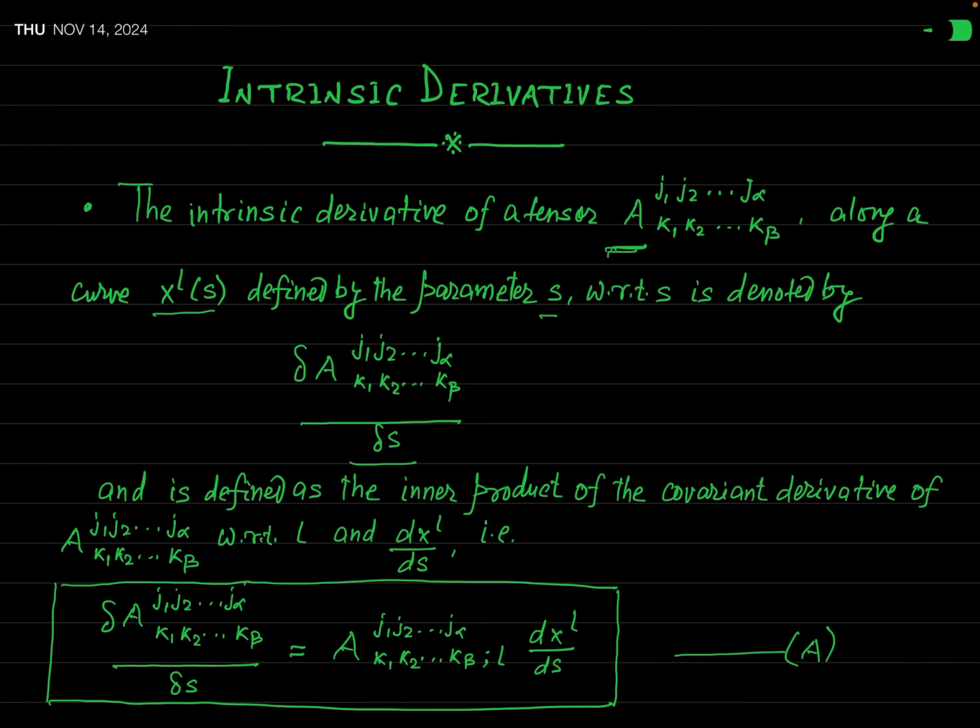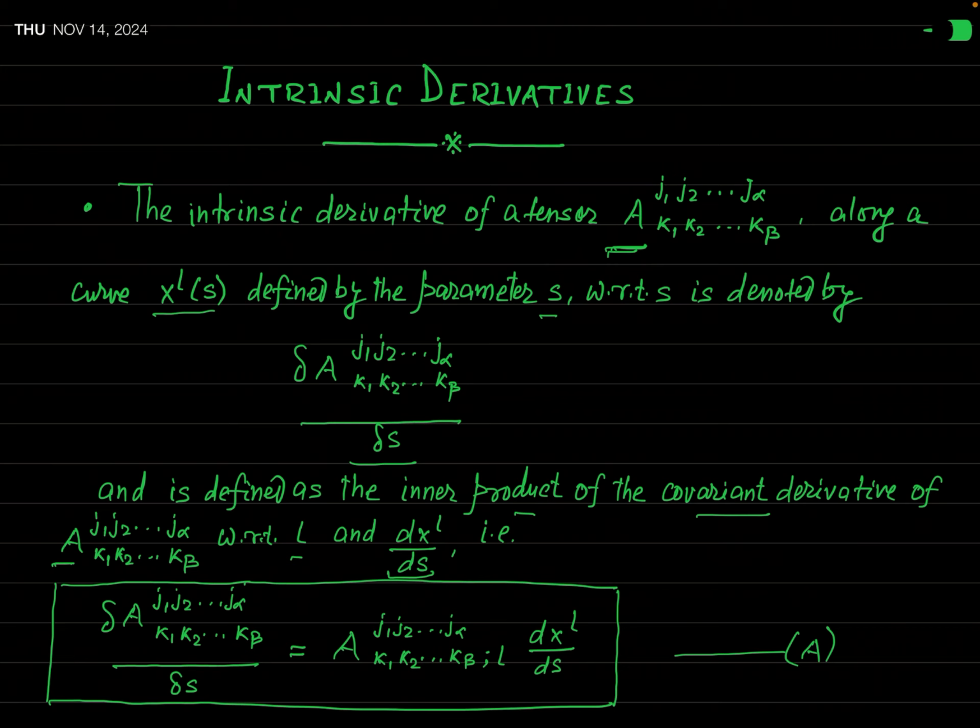Actually, if your aim is to find the intrinsic derivative delta A by delta S, then you have to take the inner product of the covariant derivative of this tensor A with respect to L and this factor dx^L by ds. Since we are taking here an inner product, it is called the intrinsic derivative.